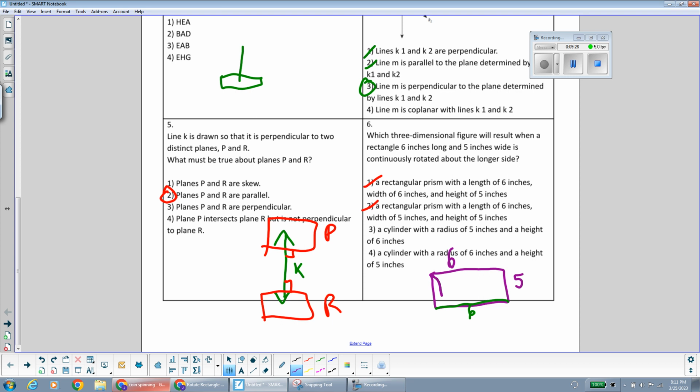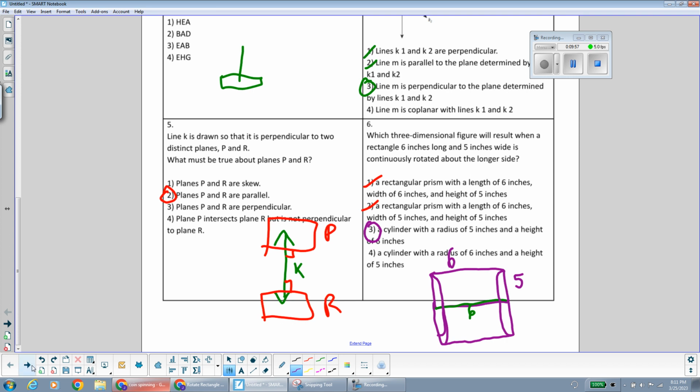So let me draw this. Doing my best to draw this. I am not a great artist. This would be the circular part here. So here we would have a cylinder that is formed from the rectangle rotated around the longer edge. So we can see that the height is 6 from the top to the bottom, and we see that the radius is 5. So that would be answer choice 3, height of 6 and radius of 5.